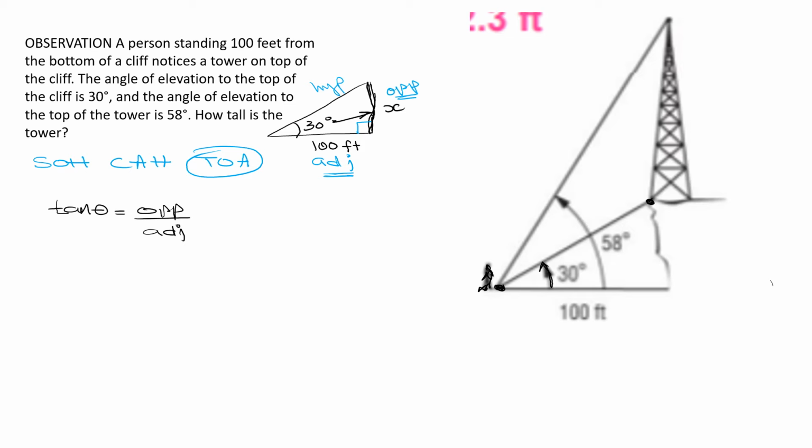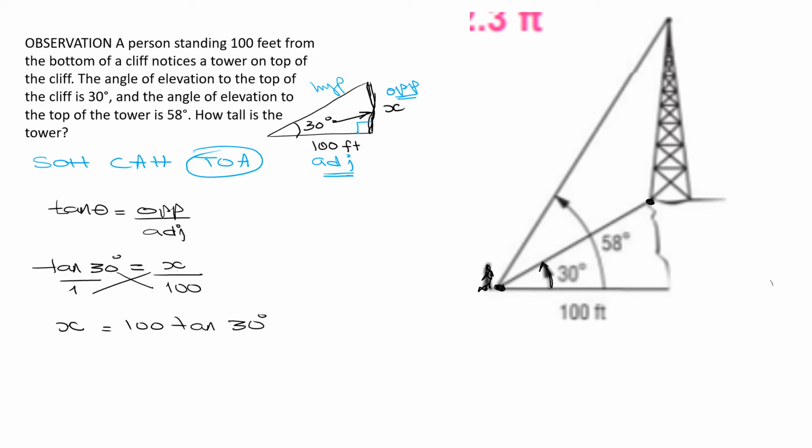Now we know theta is equal to 30 degrees. The opposite side is x and the adjacent is 100 feet. Now we can cross multiply, and on cross multiplication we get x times 1 is equal to x, and then 100 times tangent 30 degrees. Now solve this for x.